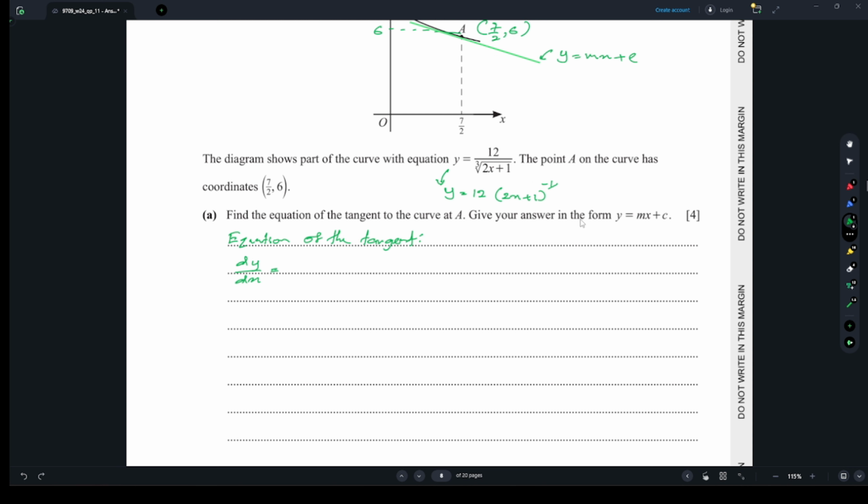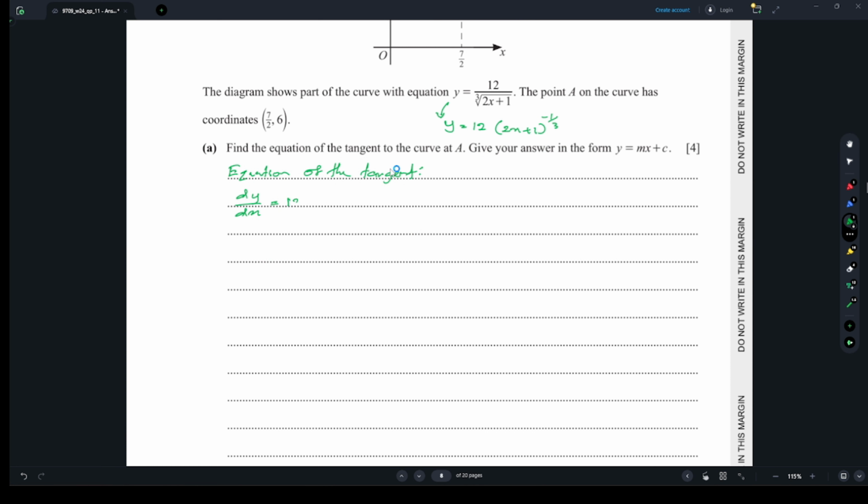So then it's easy for us to differentiate. 12 is a constant, so let's keep it, times minus 1 over 3, we have to multiply by the power, and then we have 2x plus 1 to the power minus 1 over 3 minus 1. And then we multiply by the derivative of the inside of the bracket: the derivative of 2x is 2, plus 1 is a constant, so it's 0.